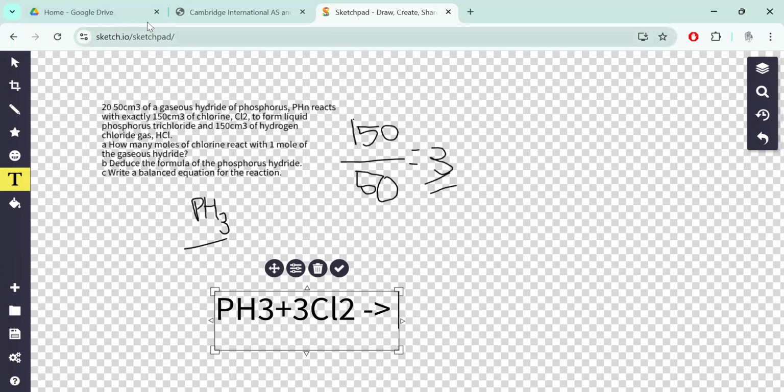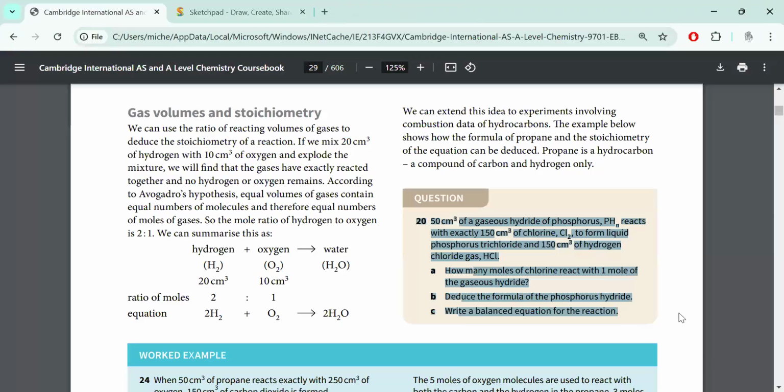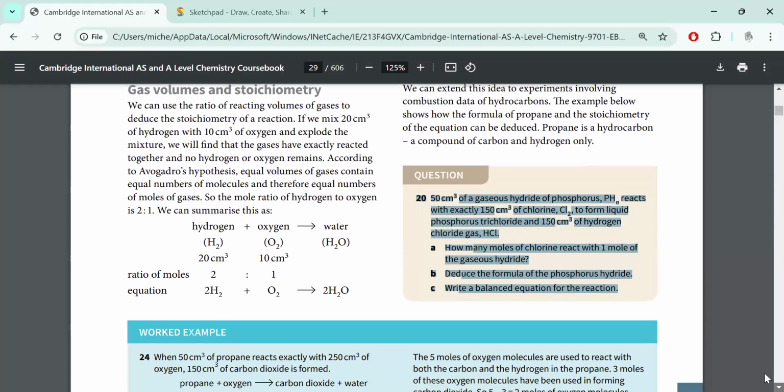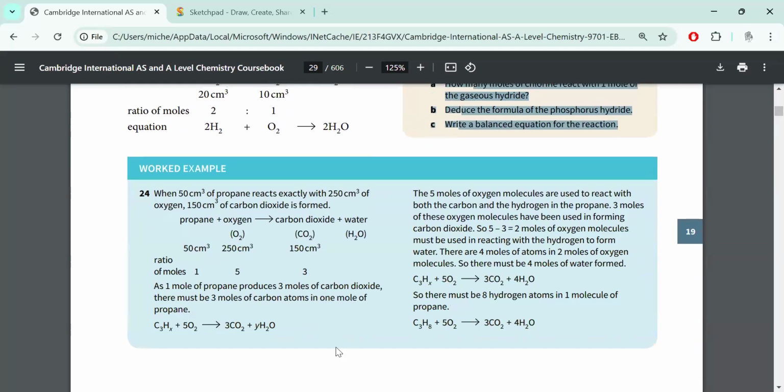Okay, hold on. We need to remember the mole ratio.